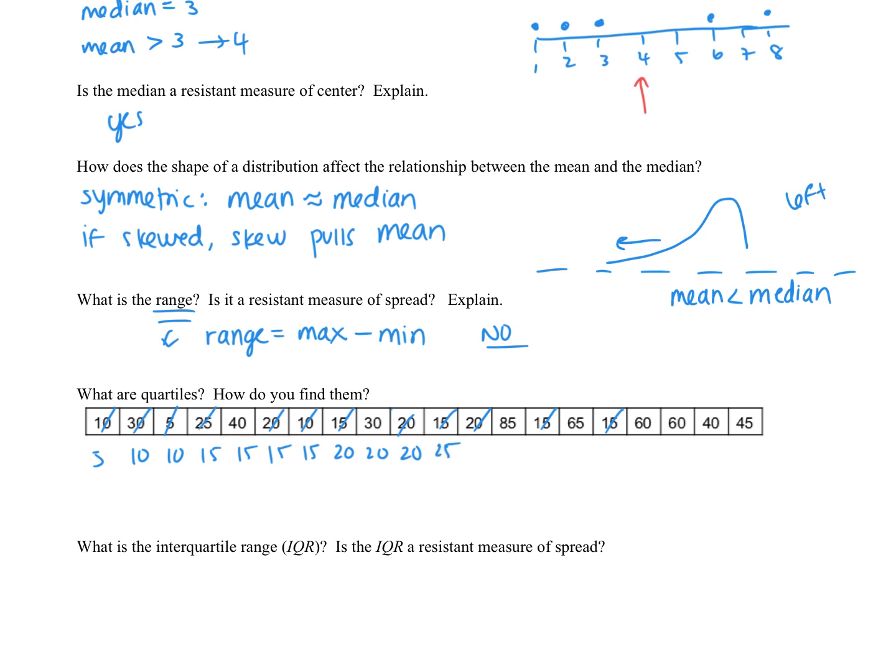And then we have 30, 30. And then we have 40 and 40. And 45. And then 60, 60, 65, 85. Ooh.